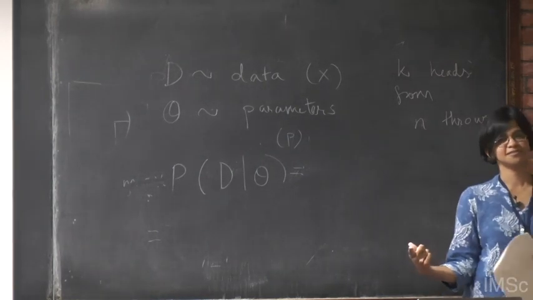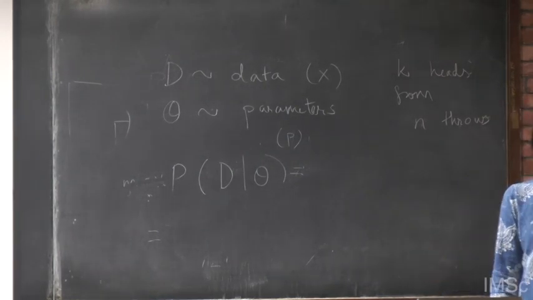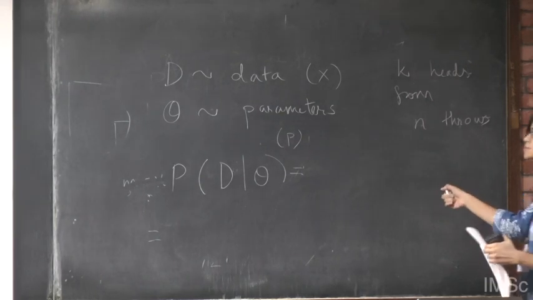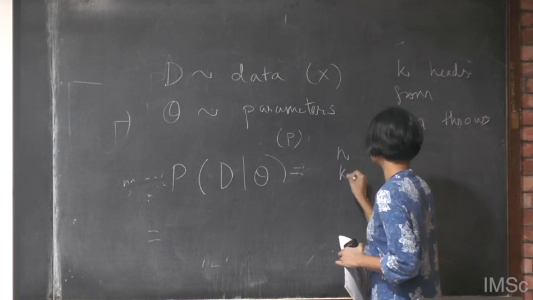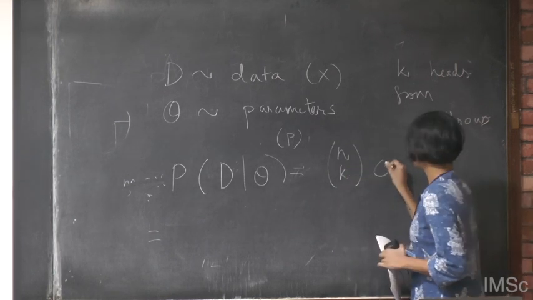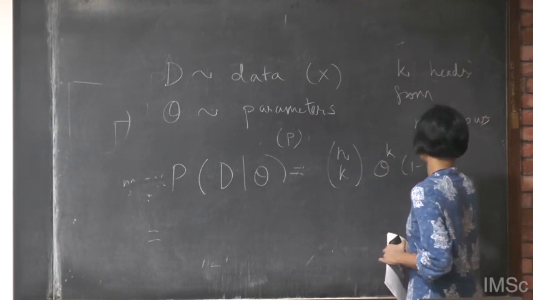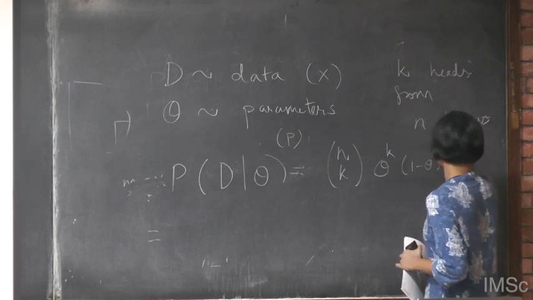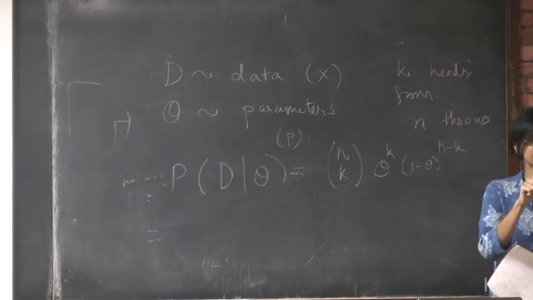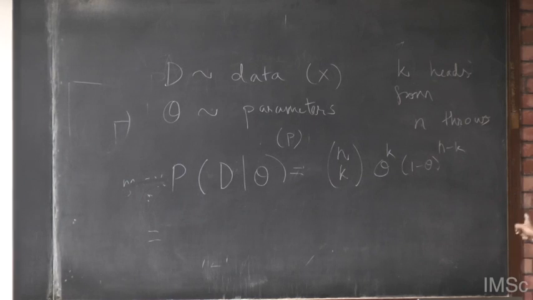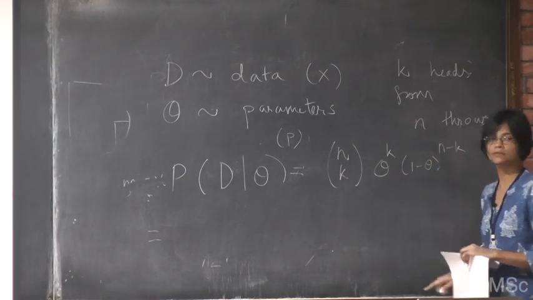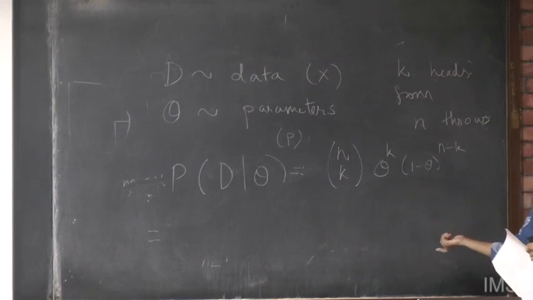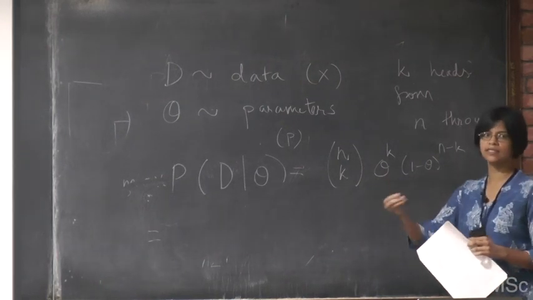You've seen this. It's a binomial, correct. So what is the answer? N choose k. Everybody has seen this? Yes, okay. So this is your likelihood function. This is the probability of seeing those k heads, 70, 90, whatever it is.